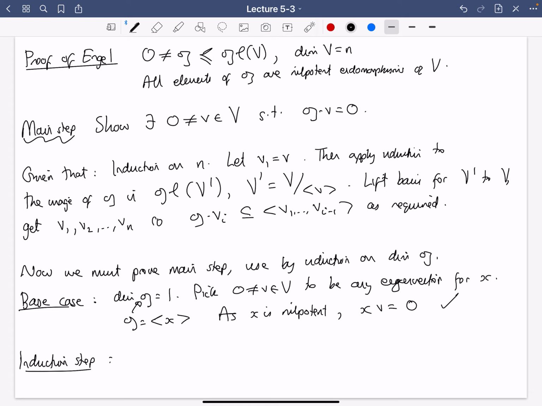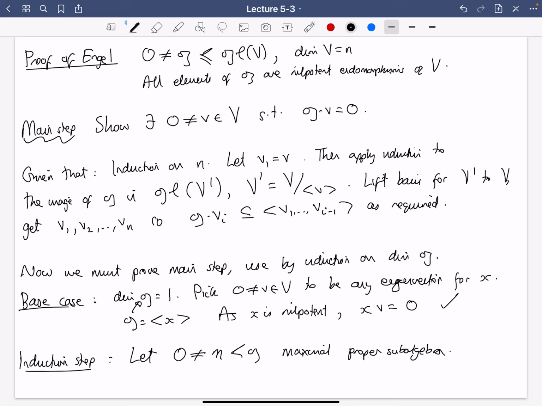What we should do is pick a proper subalgebra n of G. Let's say it's a maximal proper subalgebra.